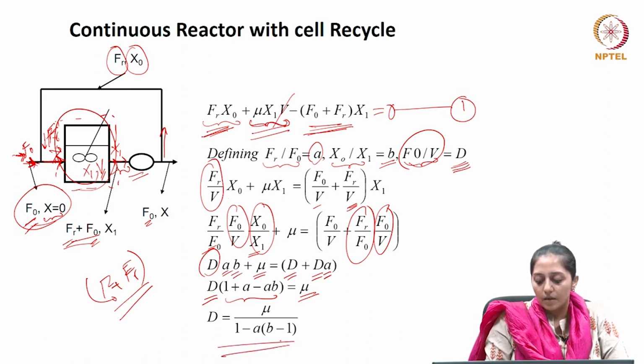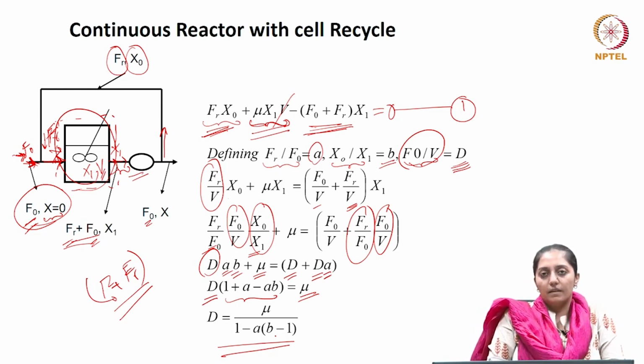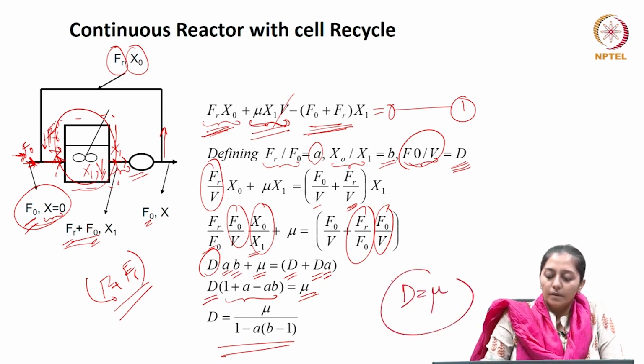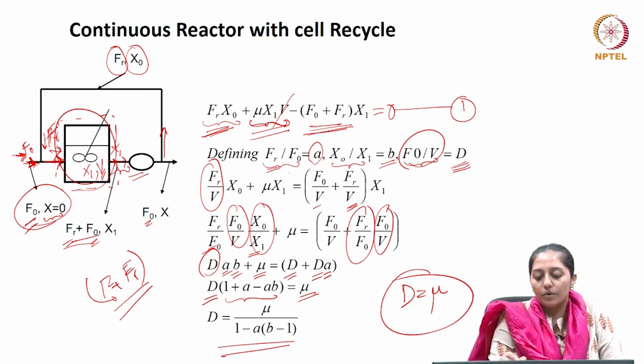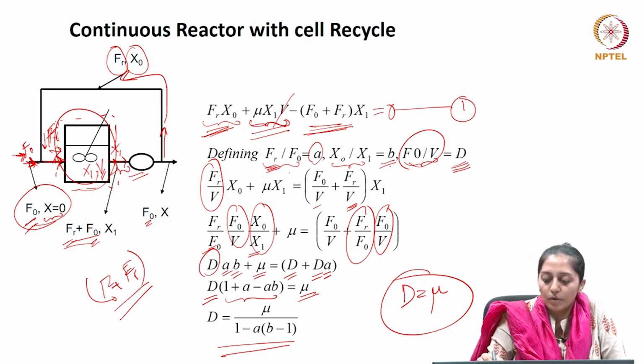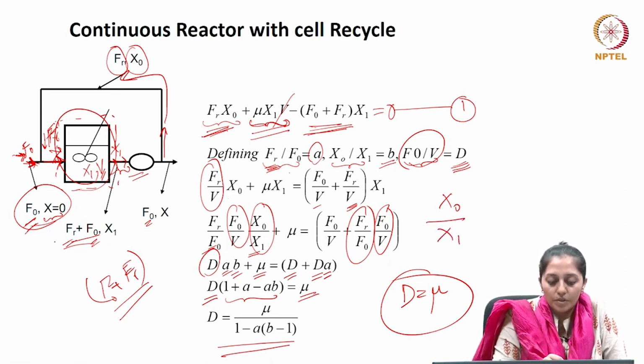Now if you see, for a continuous reactor with cell recycle at steady state, it is no more that D is equal to mu, but it is a function of mu and the recycle stream flow rate and the inlet flow rate fraction Fr by F0, where Fr was the volumetric flow rate of the recycle stream, and also a function of B, which is a fraction x0 by x1, where x0 was your biomass concentration in the recycle stream and x1 is your biomass concentration coming outside the reactor.